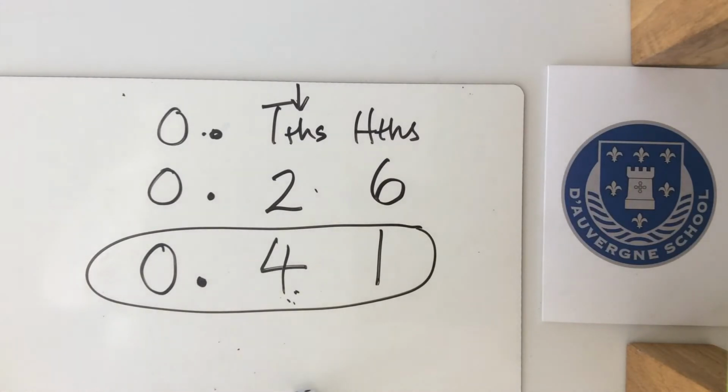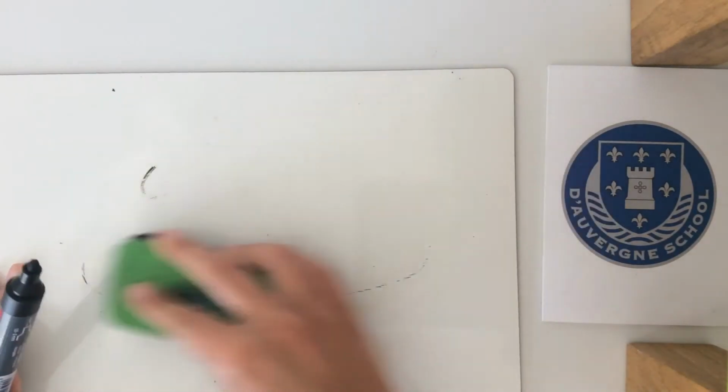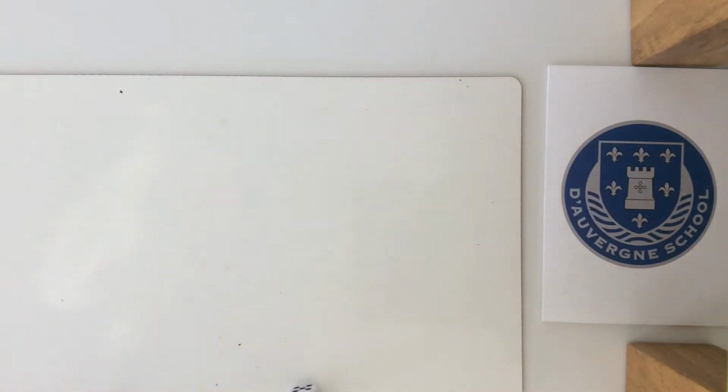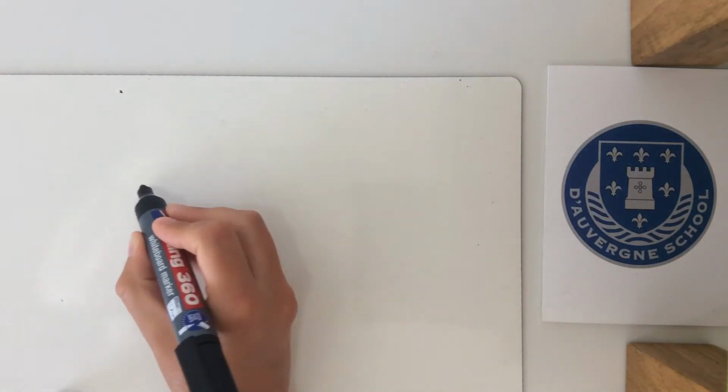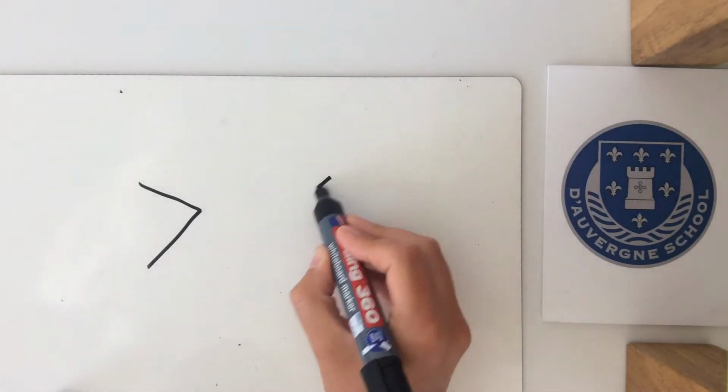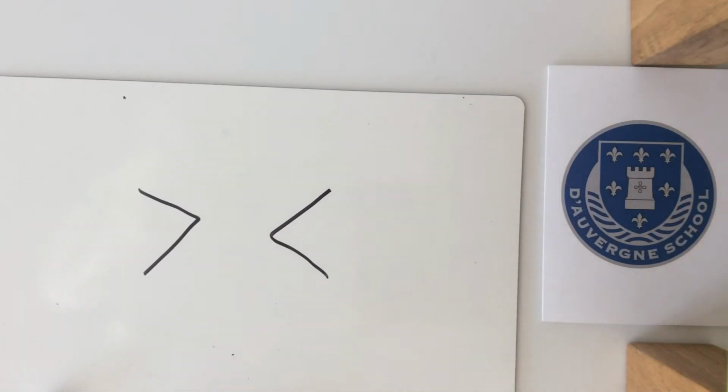Now you're going to pause the video and have a go at some of those yourself. Okay, now you've had a few turns at that, we should be very good at ordering decimals. I want to show you these two symbols and see if you can tell me what they mean.